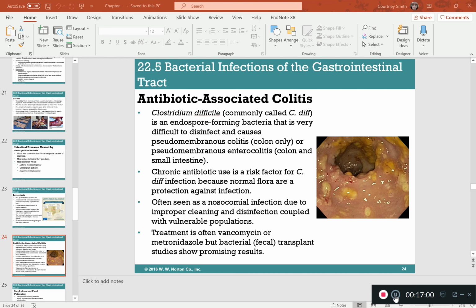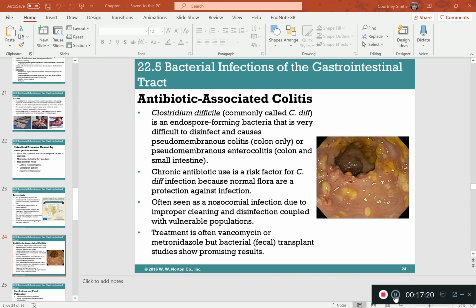But either way, no matter where the infection occurs, it will present the same. So it will present with diarrhea, pain, and primarily pain in the abdominal region.